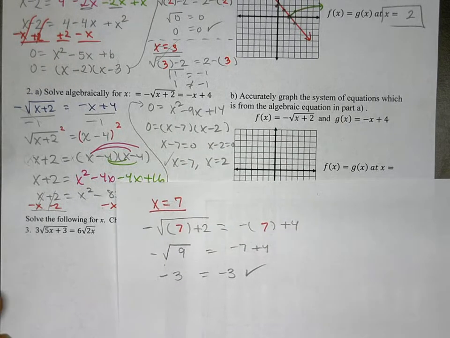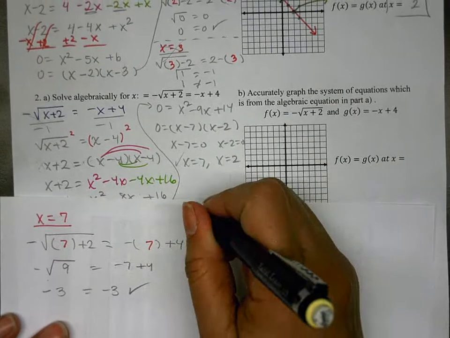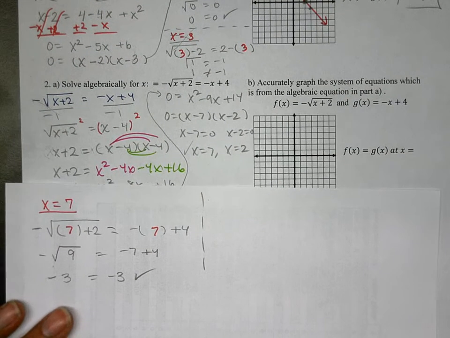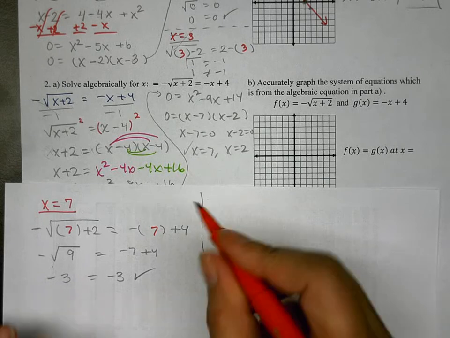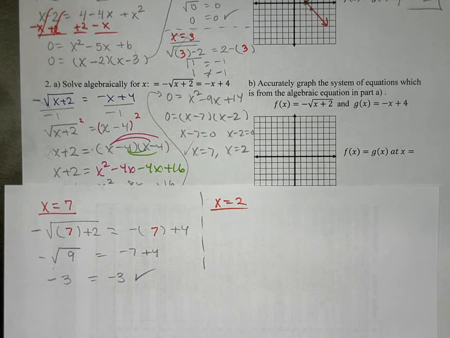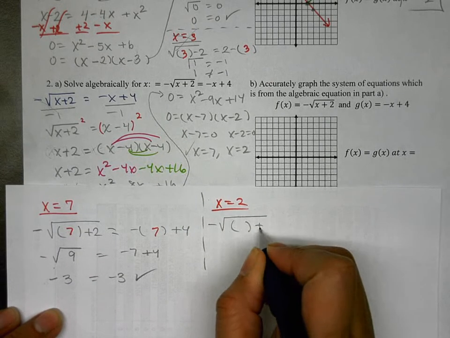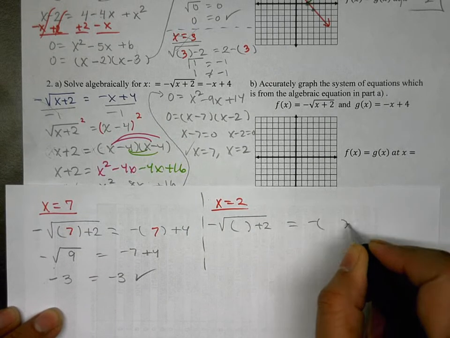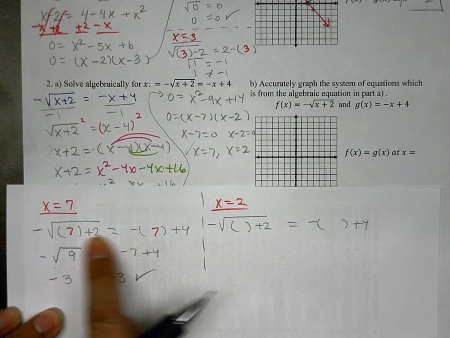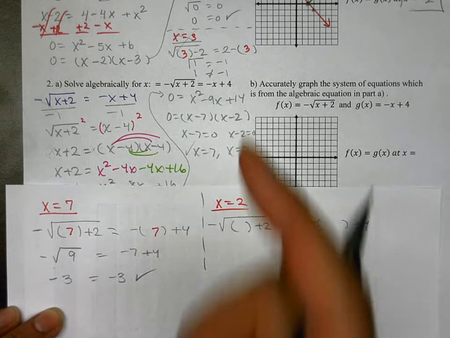Okay, now I'm going to try the next one. X equals 2, and I'm going to do the same exact thing, only this time I'm plugging in 2 to the blanks. So same setup, opposite square root blank plus 2 equals opposite blank plus 4. If you're confused where that's coming from, it's coming from the original function, the original graph equation.